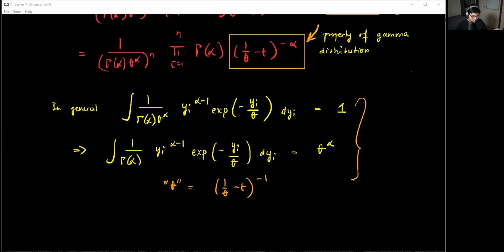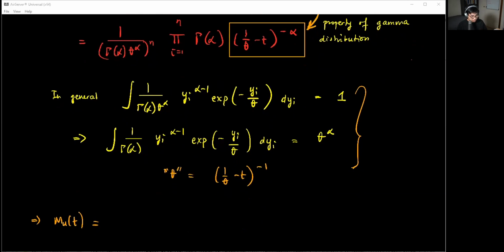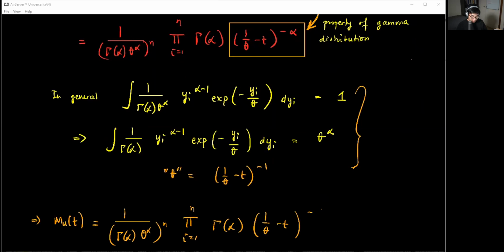Anyway, the point here is that this is what we have. So we have the moment generating function as being the following: 1 over gamma alpha, theta alpha to the n, then product of gamma alpha, 1 over theta minus t to the minus alpha.